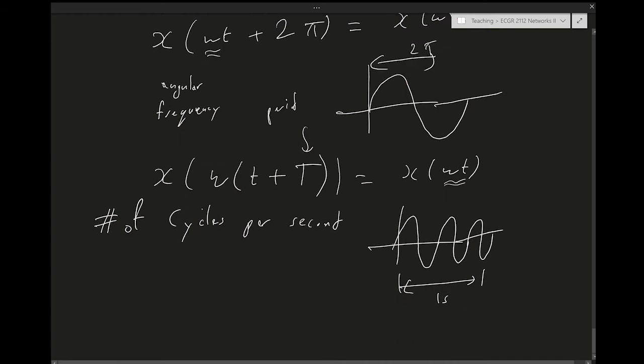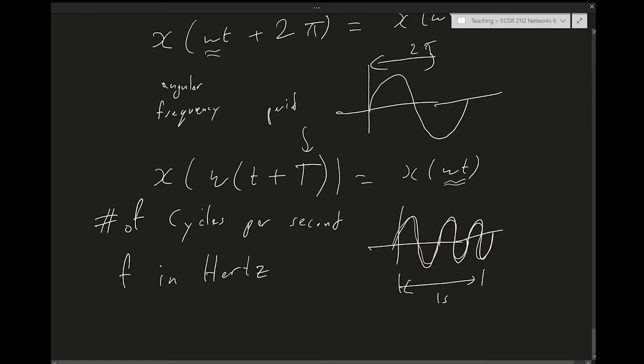How many cycles are there in 1 unit of time? That gives me another way of measuring the frequency. This is in contrast to angular frequency; this is called frequency, cycles per second. This is called frequency f in hertz.